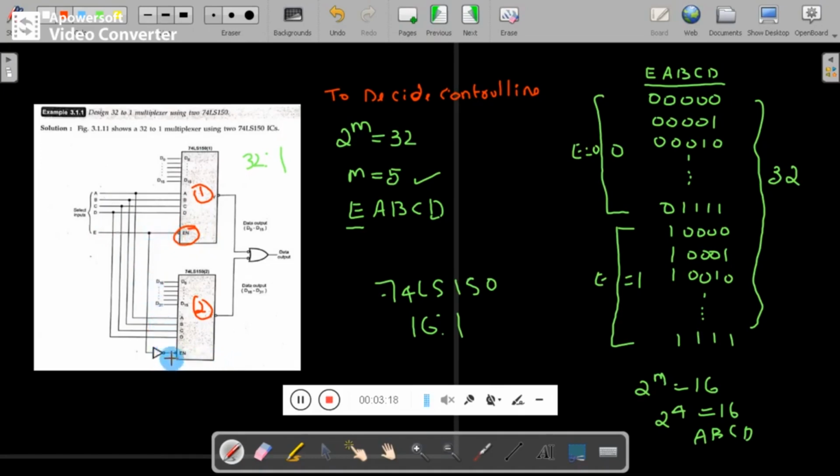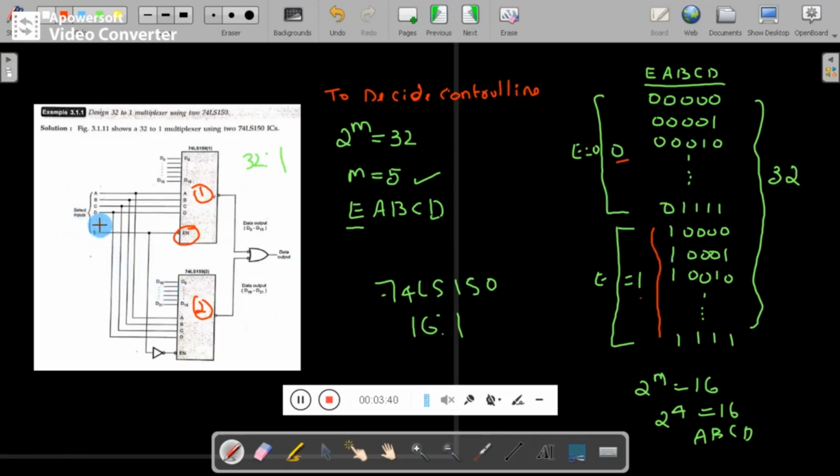So what is the use of this one? See, when you see a 32-bit table or 5 variable truth table, you can see for the starting 16 combinations, E value remains 0. Next 16 combinations, E value remains 1. So same concept I am using here.